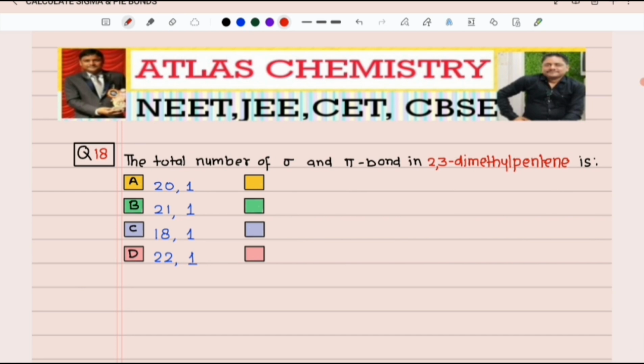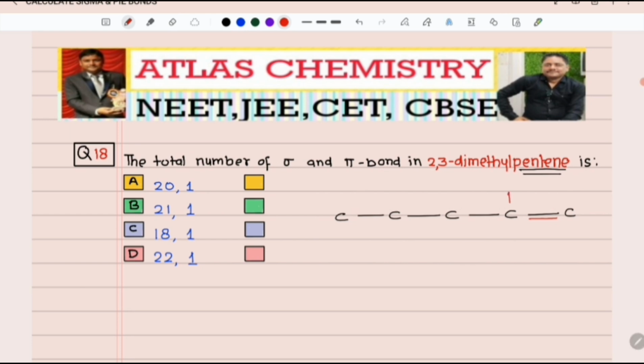तो इसके लिए सबसे पहले हम लोग गिवन कंपाउंड का स्ट्रक्चर लिखेंगे. So it is pentene. It means it has 5 carbon atoms. So 1 carbon, 2 carbon, 3 carbon, 4 carbon and 5 carbon, and it is pentene. It means the double bond is present at the first carbon, and at 2 and 3 there is a methyl group.